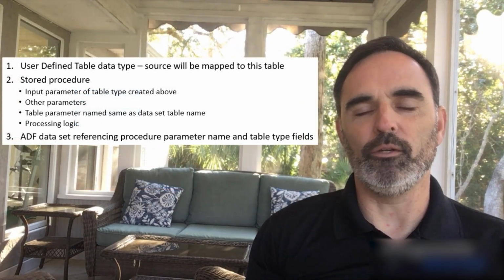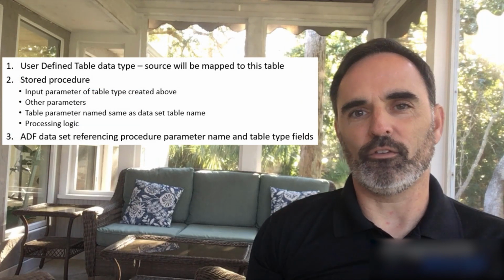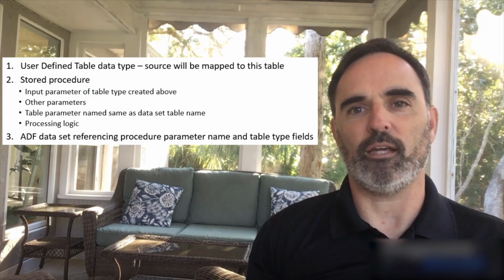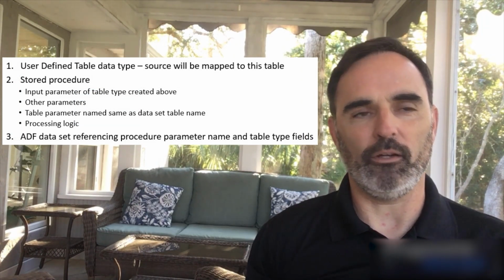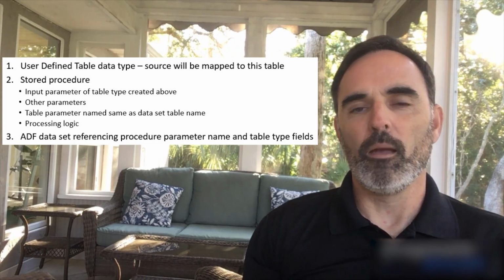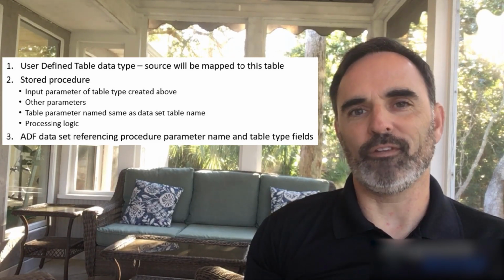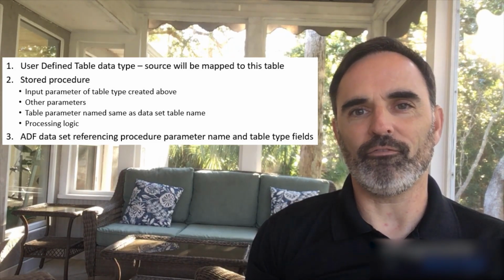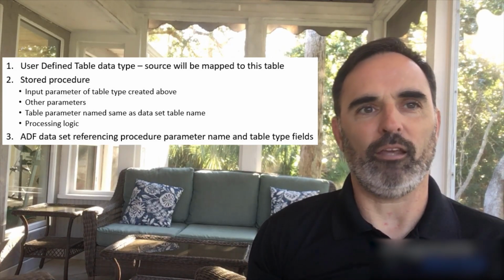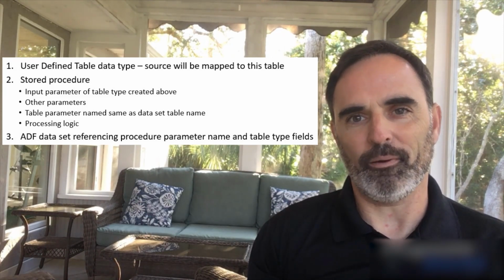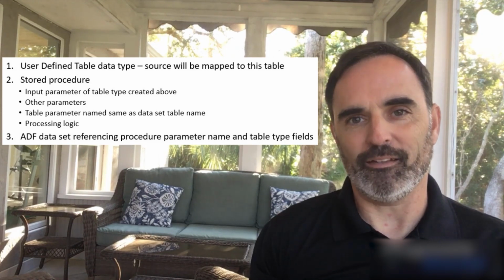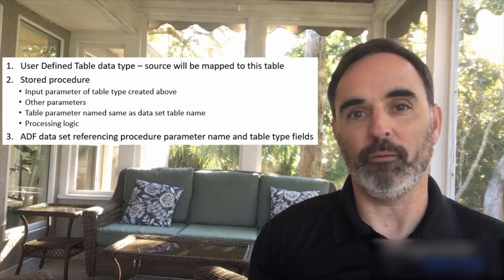So now, in order to use the stored procedure sink, we need to set up a few things first ahead of time. I've listed that out here on this screenshot. Part of the trick to using the stored procedure is that we do need to define in our target database a user-defined table type. So this is a user-defined data type that has the structure of a table.